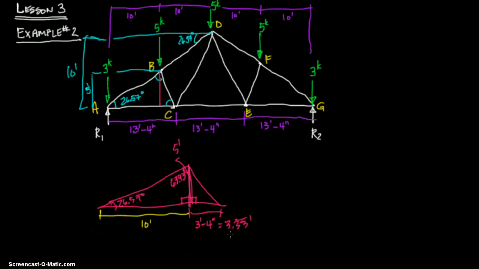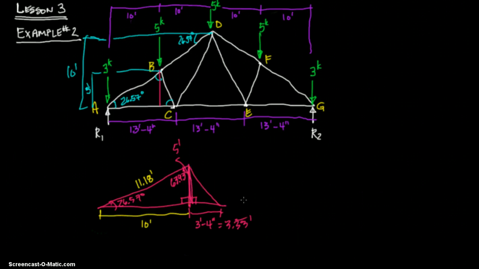That's 3 foot. So we're just going to do the Pythagorean theorem. 10 squared plus 5 squared, and the square root of that is 11.18. So this is going to be 11.18 foot. Down here is 10 foot. Up there is 5 foot.